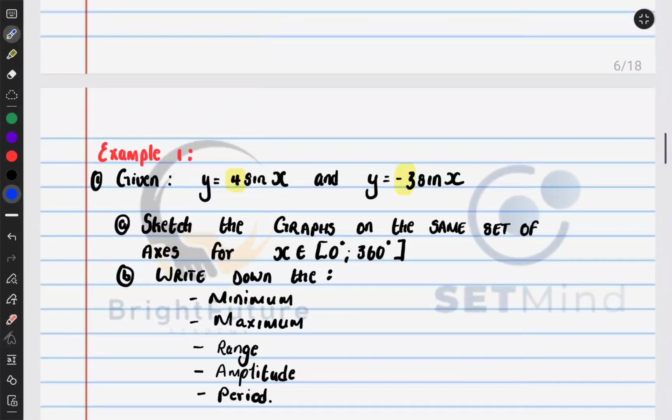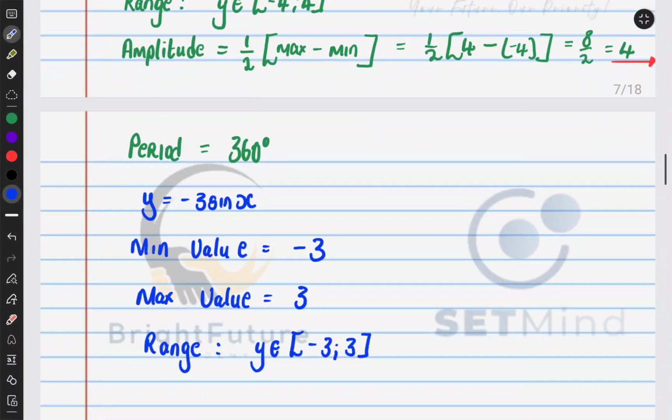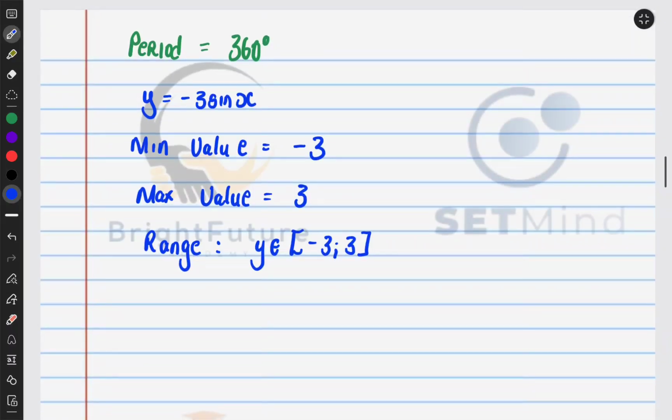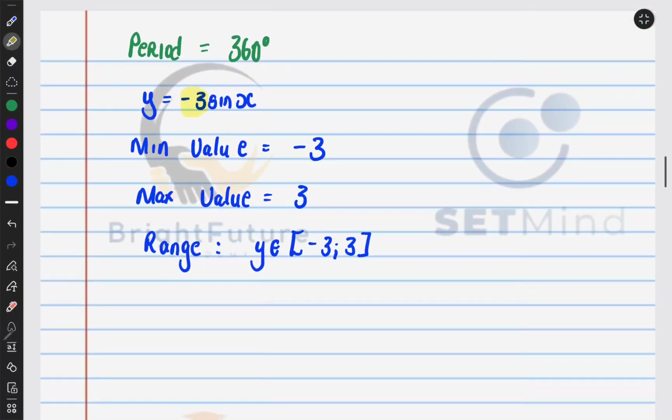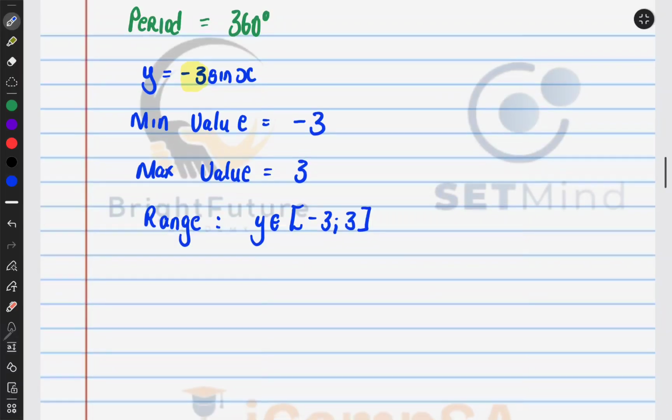Okay, and then next is the amplitude. I said we can read it from the function here, but it's always positive. So the amplitude is +3. But let's use the formula, which will always give you a positive amplitude.